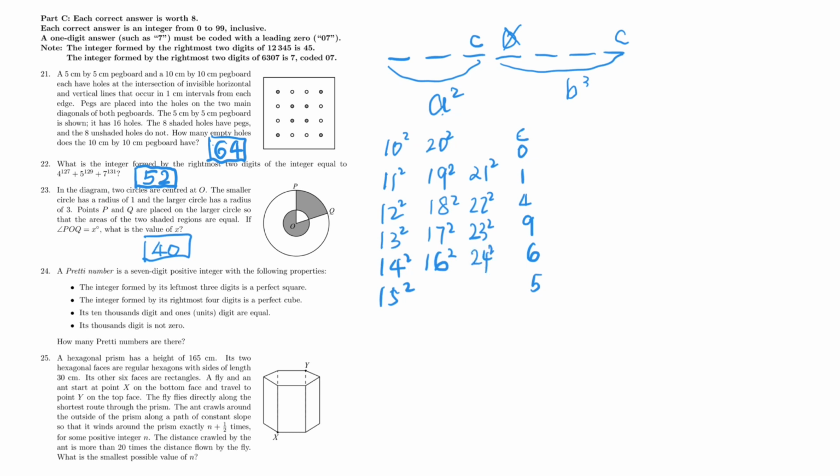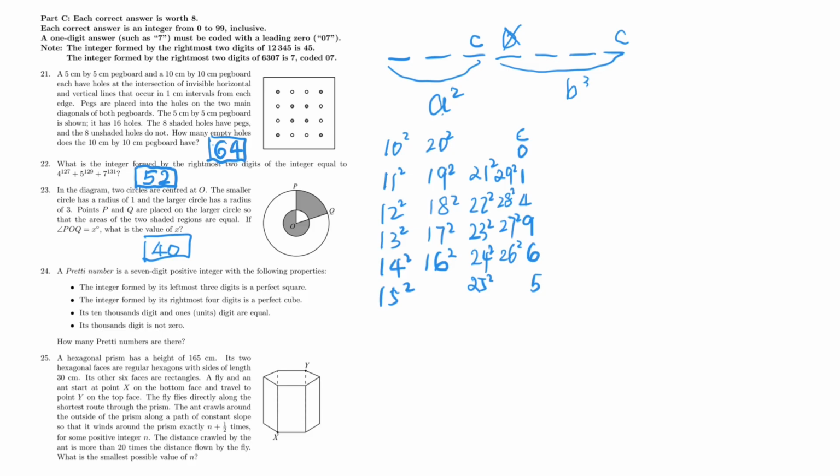24 squared, C is 6. 25 squared, C is 5. 26 squared, C is 6. 27 squared, the 1s digit is 9. 28 squared, it is 4. 29 squared, it is 1.